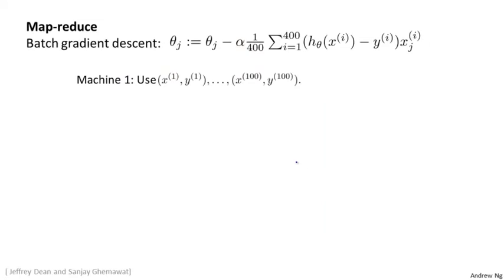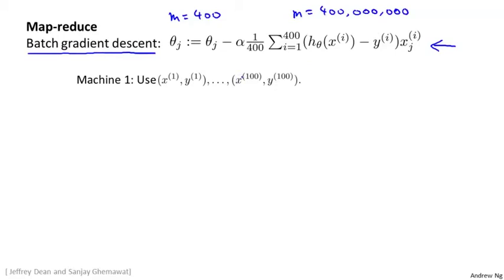Here's the idea. Let's say we want to fit a linear regression model or a logistic regression model or some such, and let's start again with batch gradient descent. So that's our batch gradient descent learning rule. And to keep the writing on this slide tractable, I'm going to assume throughout that we have m equals 400 examples. Of course, by our standards, in terms of large-scale machine learning, m might be pretty small, and so this might be more commonly applied to problems where you have maybe closer to 400 million examples or some such.